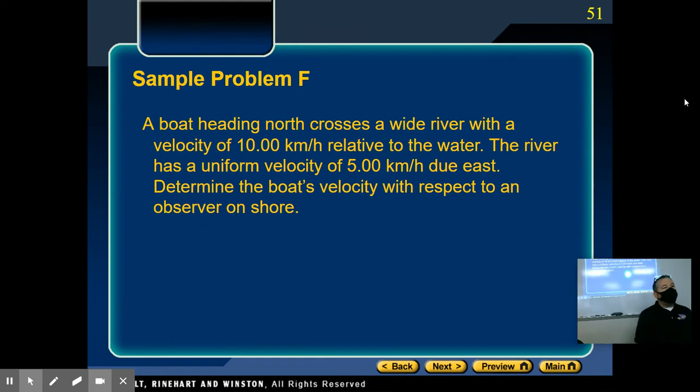The river has a uniform velocity of 5.00 kilometers per hour due east. We are to determine the boat's velocity with respect to an observer on the shore. It doesn't tell us directly, but that last statement is going to force us to give the magnitude and direction.